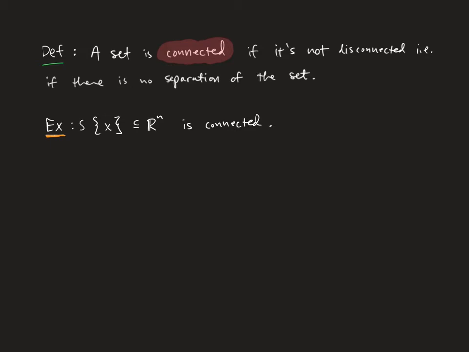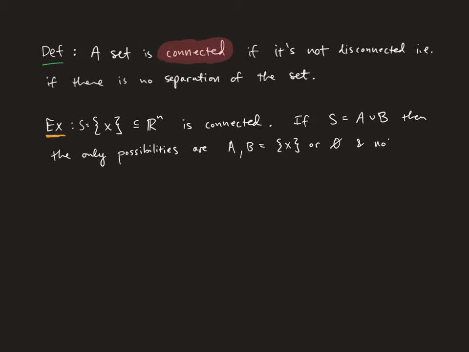And that's fairly simple, so I guess we'll call this S. If S is equal to A union B, then the only possibilities are A equals the set containing X and B equal to the empty set, or the reverse, and not both the empty set.